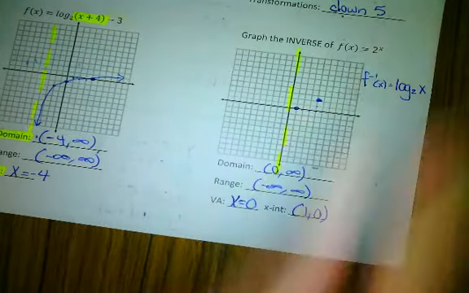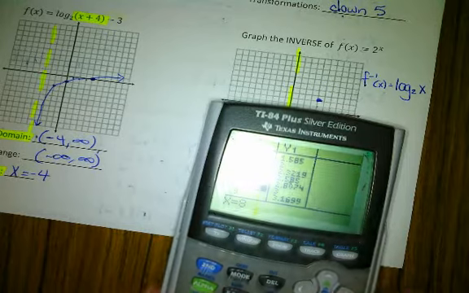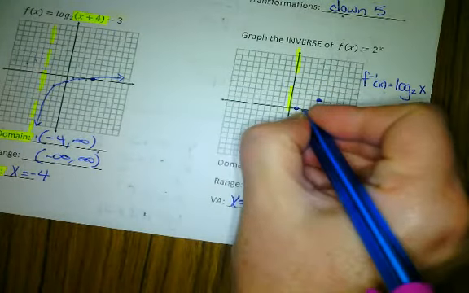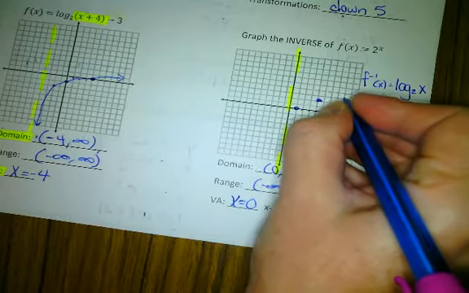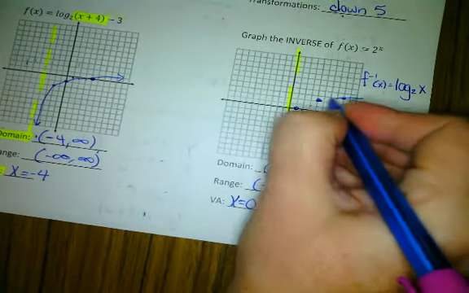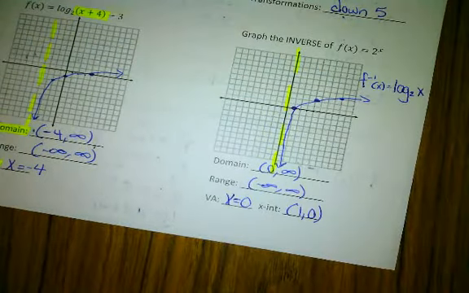And then just draw your curve. I think maybe I can get 8, 3 out of that. And then just draw the curve. Okay? All right, on the back.